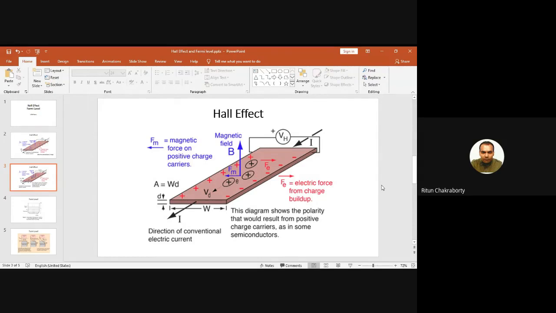Briefly, something is given here about cyclotron frequency. The angular frequency omega c is known as the cyclotron frequency. The definition you have to remember: it is the frequency of rotation of a charge in a magnetic field.